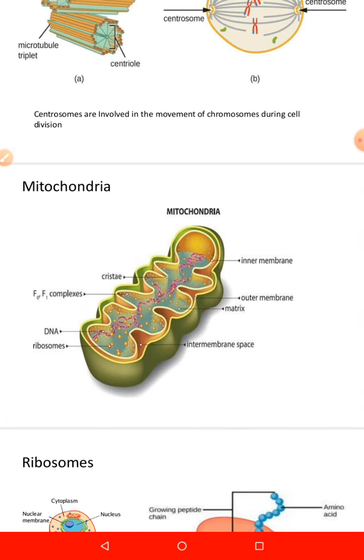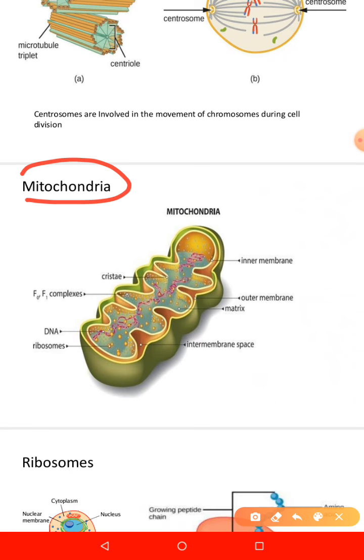And then we have the mitochondria. Mitochondria is a membrane-bound cytoplasm organelle concerned with the production of energy. In short, it's known as the powerhouse of the cell. There are three things that it does.